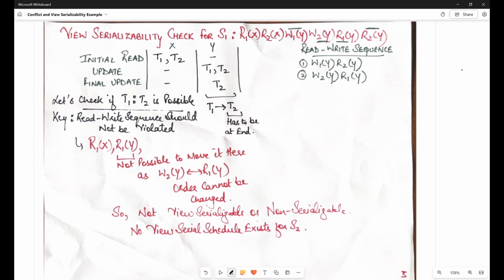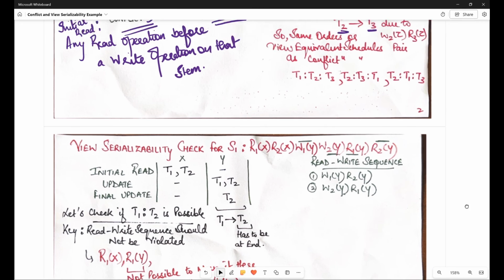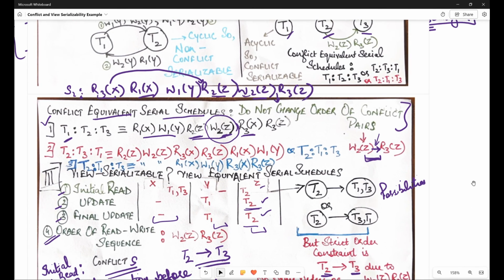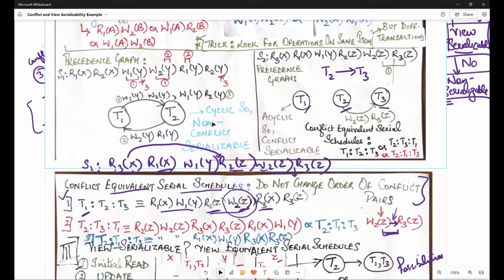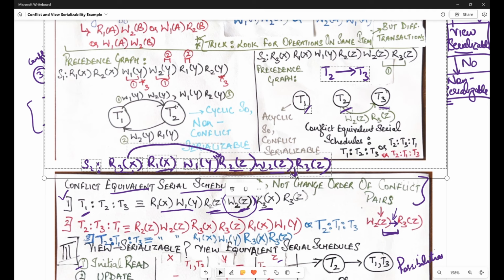The conflict pairs here are what? If you check over here, a cycle was being formed. There were 3 conflict pairs. We can write all the 3 or we can write 2. I'll write all the 3. I'll check which one I have not written over here. Yeah, so it was W1, W2. Why have I not written it?